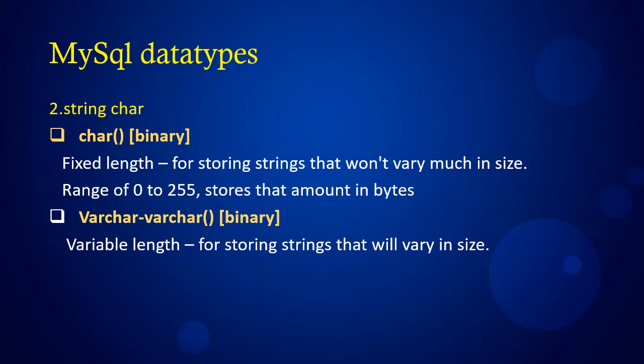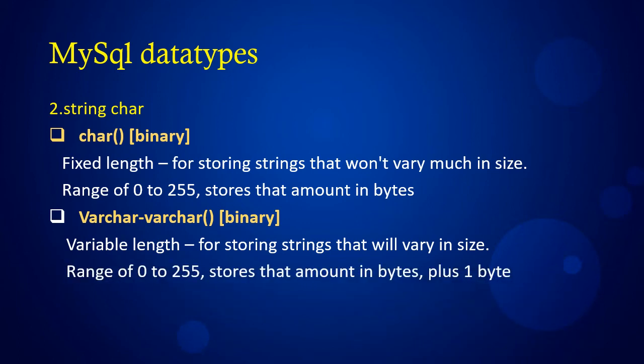For example, if we give name as char of 10 but sometimes store a name below 10 characters, the rest of the space is wasted in the char type. But varchar is very flexible with variable length, so the space is freed according to the data size.